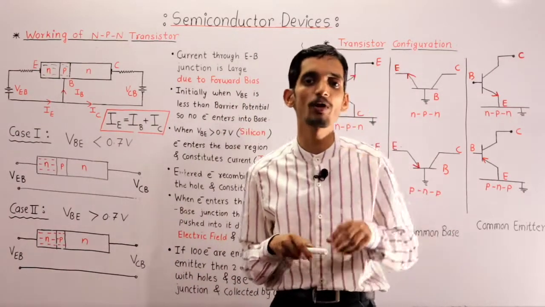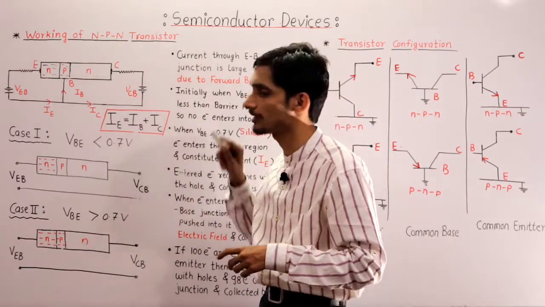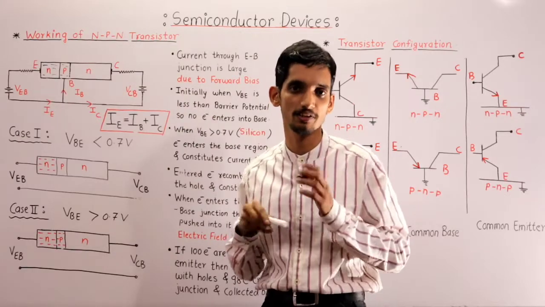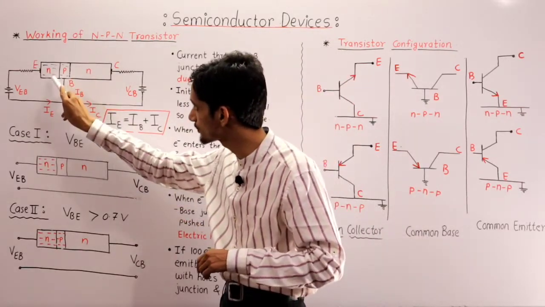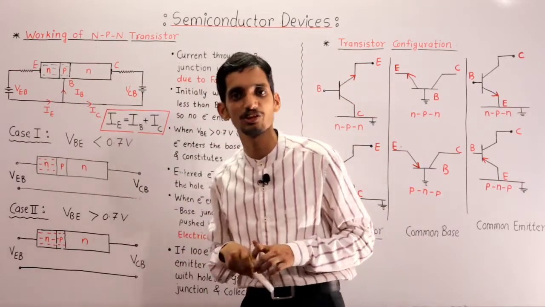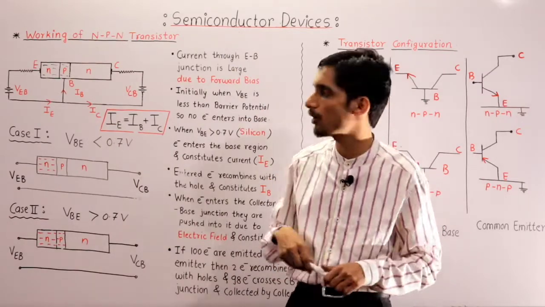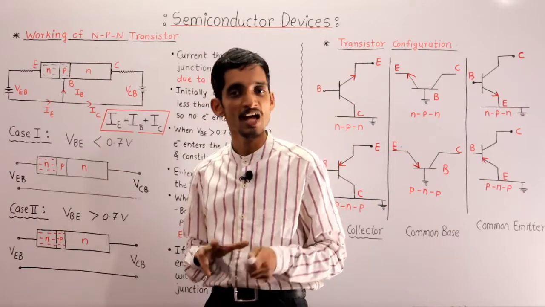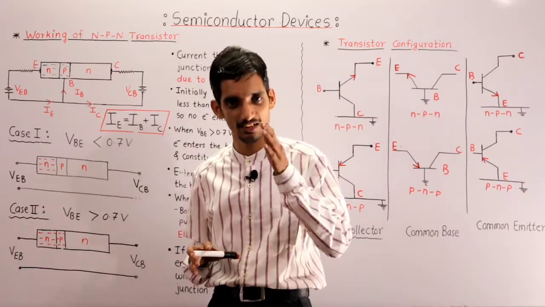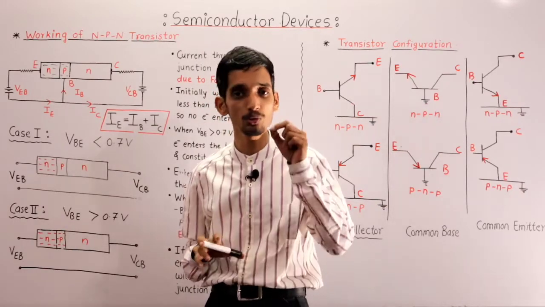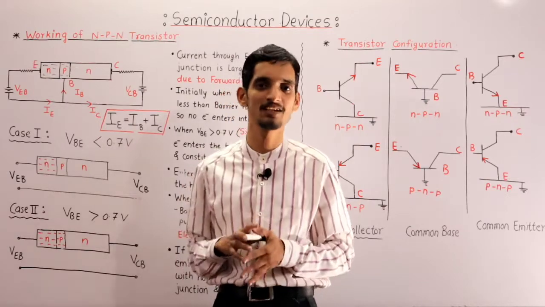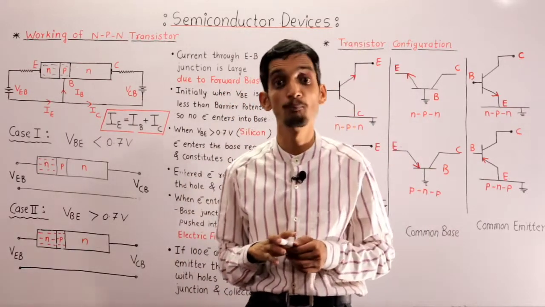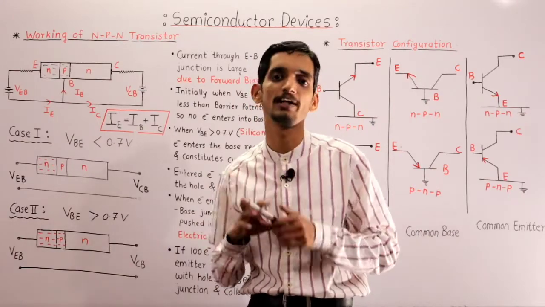Now, one important point: why the name transistor? Transistor means transfer of current from a low resistance region to a high resistance region. Why is it called low? Because, as you know, the emitter is heavily doped. As we have discussed, the depletion region penetrates more into the lightly doped side.